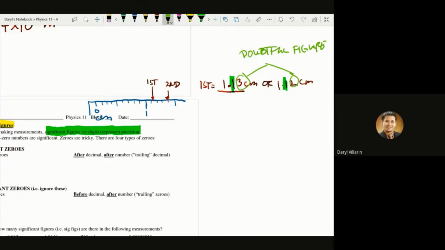So that means that if someone reads your measurement, he will take it that you're using a measuring instrument, most probably a ruler, that can only read 0.1 of a centimeter, okay? Because he's going to take the last digit as your doubtful figure.